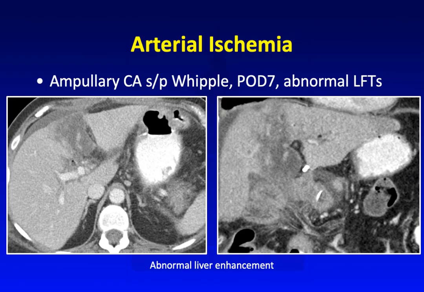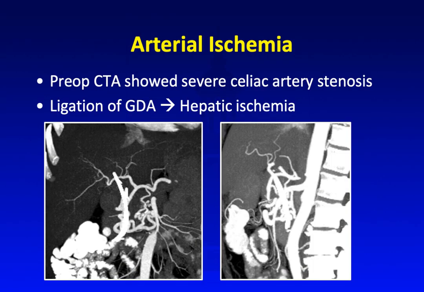This is a patient who had an ampullary cancer status post-Whipple with abnormal LFTs, and you can see this very abnormal enhancement in the liver. When we look at why, and when we look at the pre-op CTA, the patient had severe celiac artery stenosis. So just remember, when you do the Whipple procedure, you are taking down the GDA.